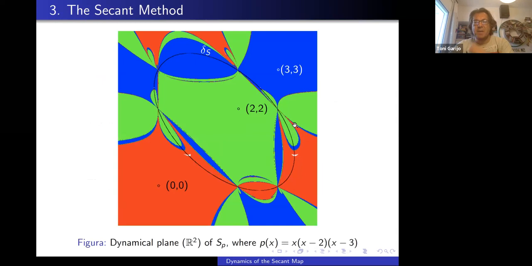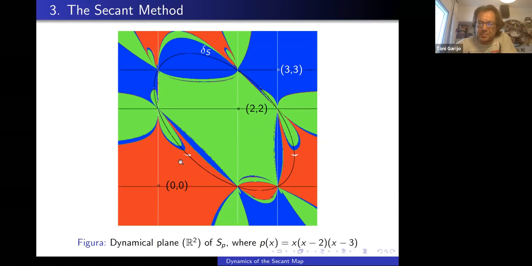Okay, in the same example, I show you the set delta S. The set delta S is the set where the secant map applied to this polynomial is not defined. This is just an ellipse, and these are the focal. In the next one, we will see better here.